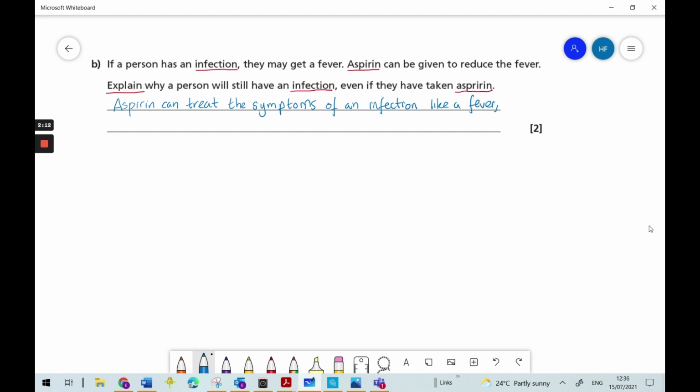But it does not fight the infection. And so the person will still have the infection.